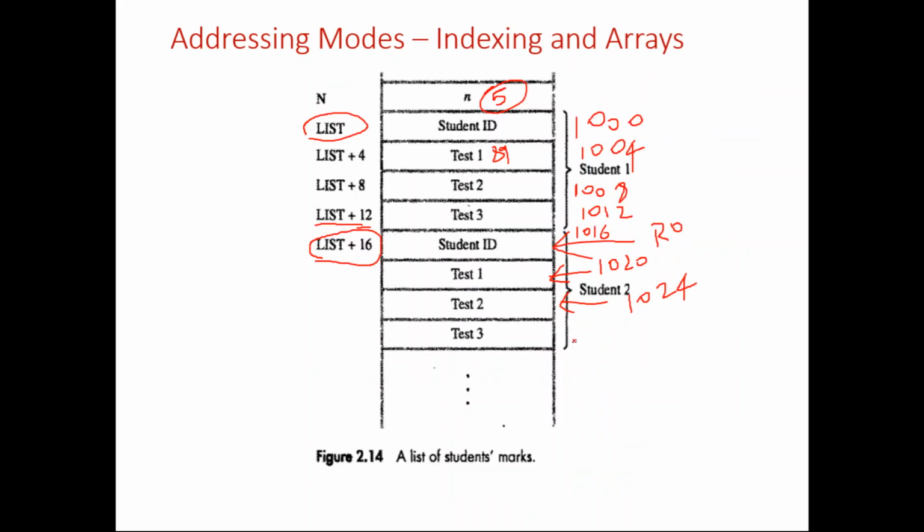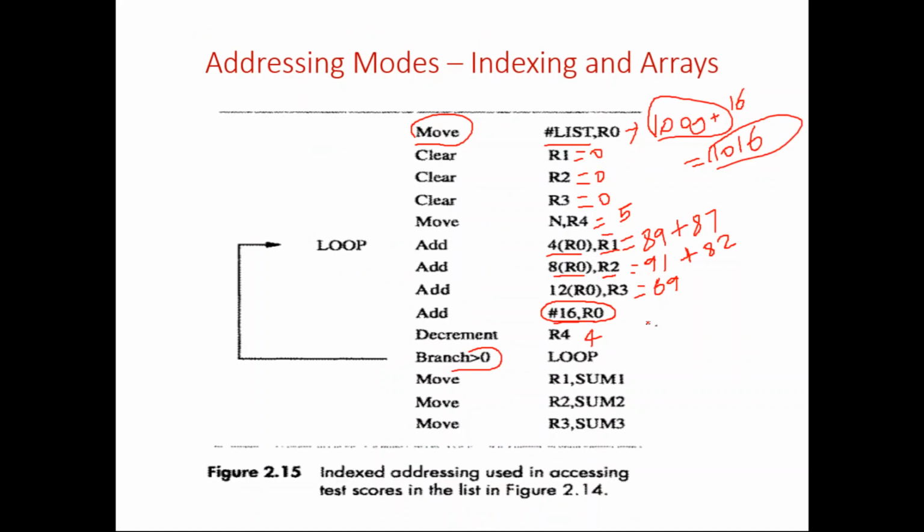What is the value at 1028? The value at 1028 is the test 3 score. Now that will be added with R3. So if the test 3 score is 78, that will be added with R3.